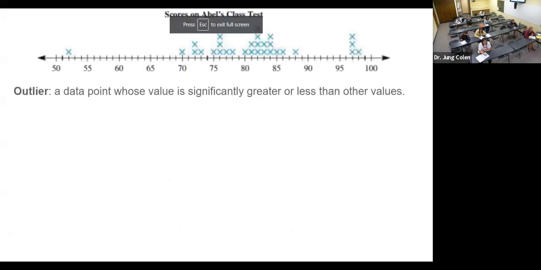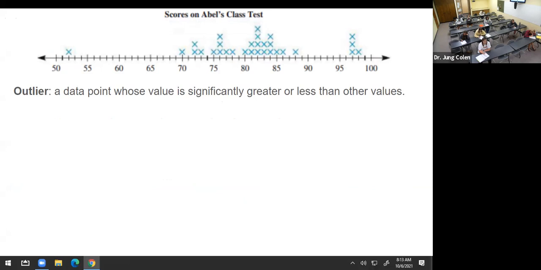So let's talk about outliers. An outlier is a data point whose value is significantly greater or less than the rest of the values. Here it looks like 52 can be an outlier, but we cannot determine that it is an outlier yet.